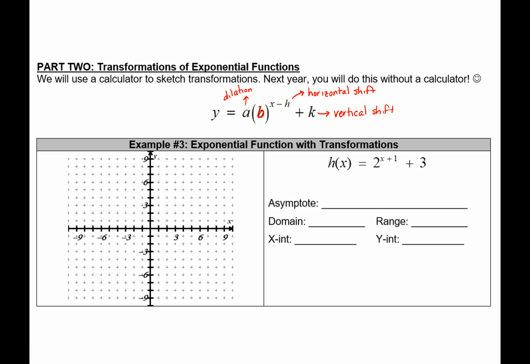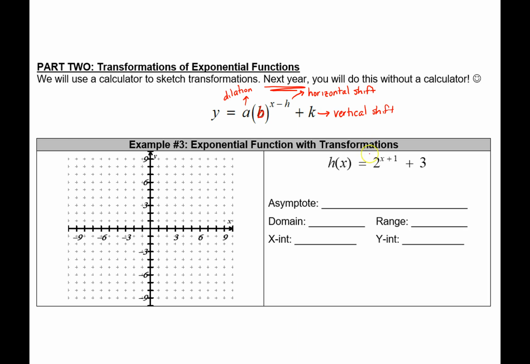It'll also tell us if there's a reflection if it flips over. Okay, so the good news for this year is that we are going to use a calculator when we're sketching transformations. Next year, you'll be going more into transformations without a calculator. So let's go ahead and look at how we can get some tidbits of information now, but then we also will be using the calculator for this.